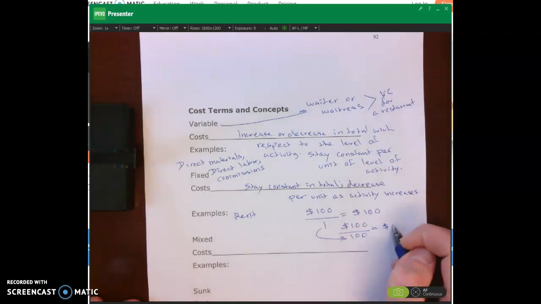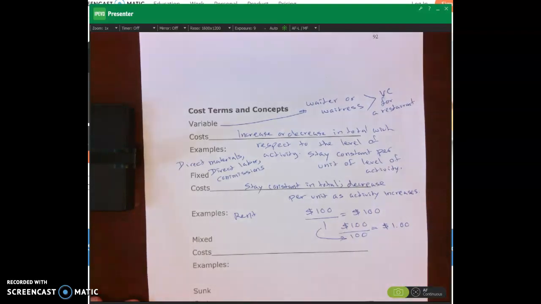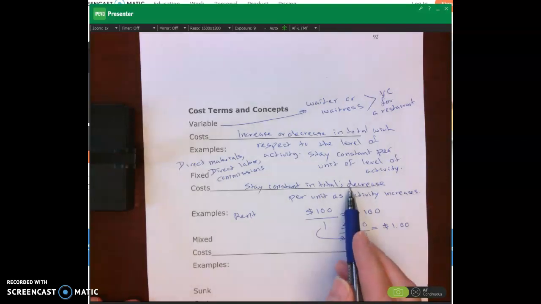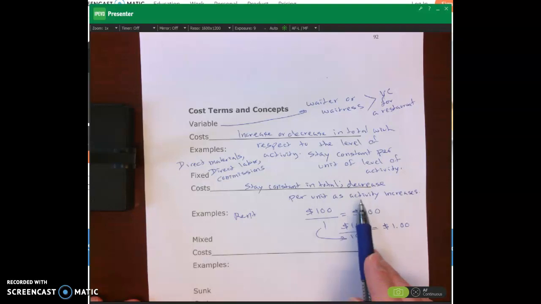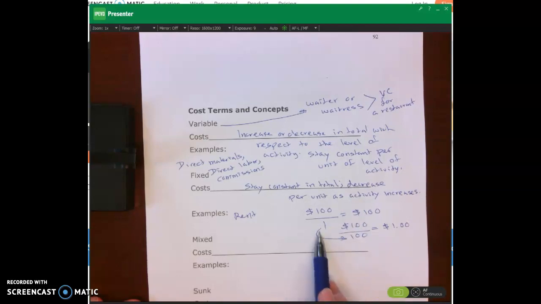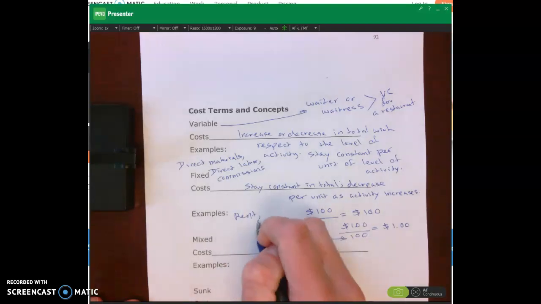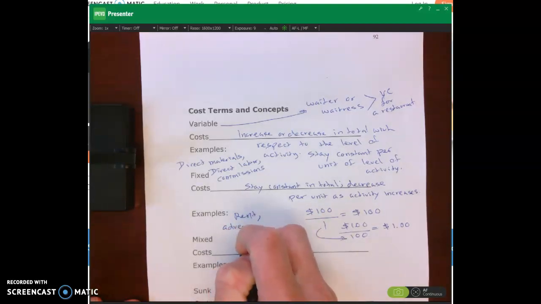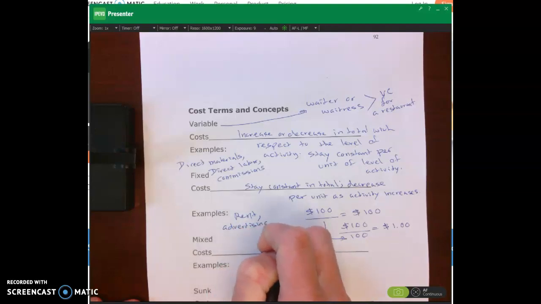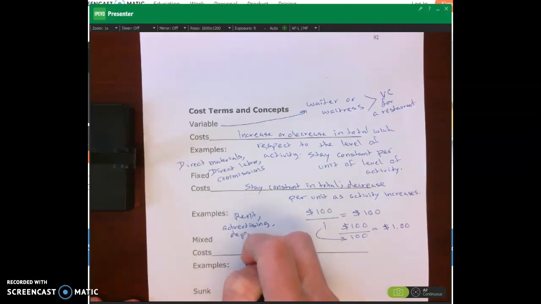So then what happens is this becomes $1 per customer. My fixed costs, my rent per unit, per customer, decreases from $100 to $1 as activity, the number of customers, increases. Okay? And another example of a fixed cost would be advertising. And then a final example would be depreciation.